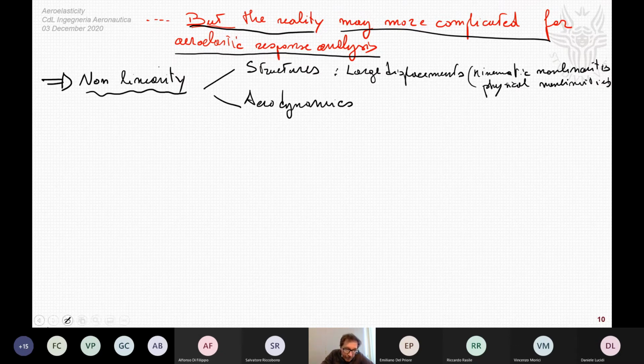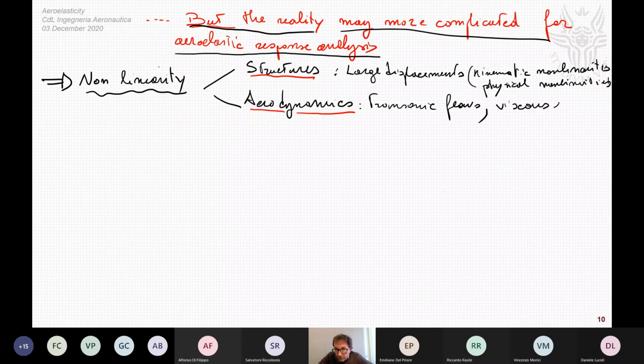In aerodynamics, we may have nonlinearity occurring with, for example, transonic flow, viscous effects, turbulence, separated flow, and so on.